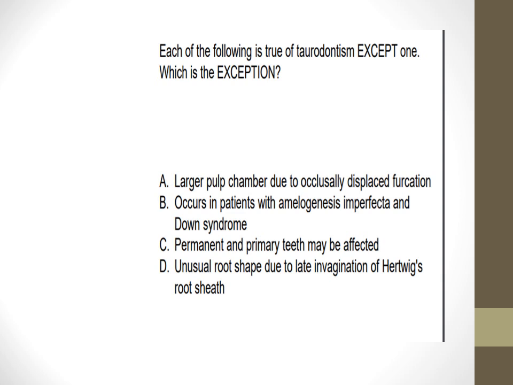Yes, both dentitions are affected. D, unusual root shape due to late invagination of Hertwig's epithelial root sheath. Yes, unusual root shape is seen due to that. So A is the answer. Why? Yes, they have a large pulp chamber, but the furcation is displaced towards the apex, not occlusally.